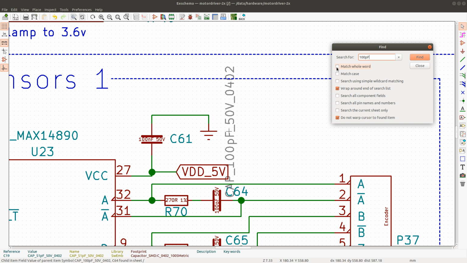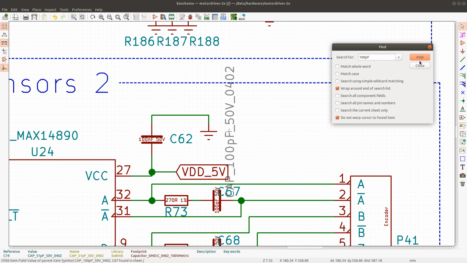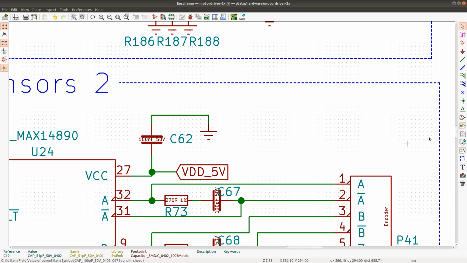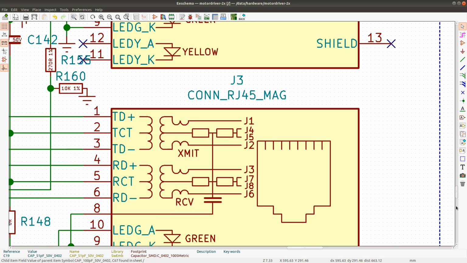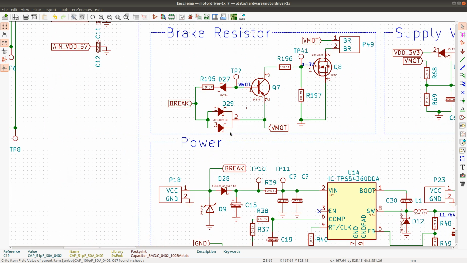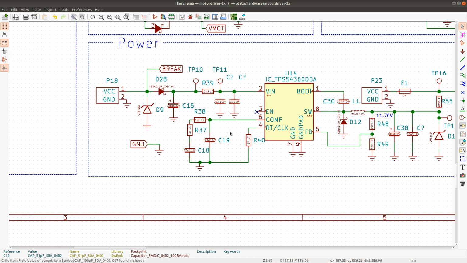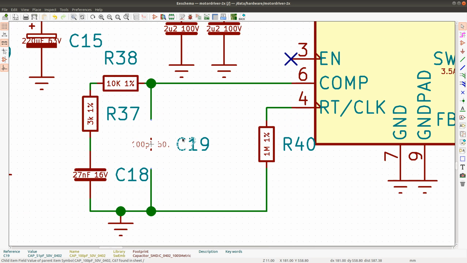Or actually I do. Well, that was very fortunate. Okay, so I have the 100 picofarad capacitors, and that means I can just reuse that component in this schematic as well. So I'll copy this one and just have two of them like this.